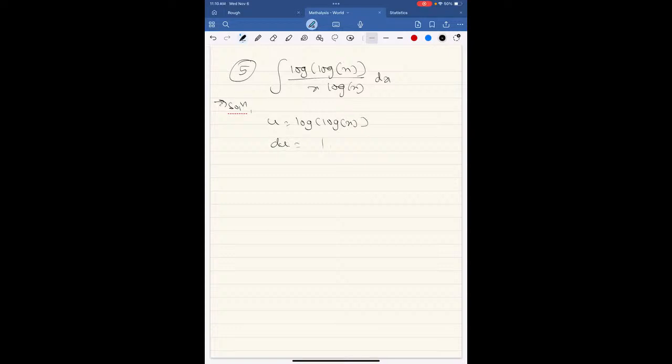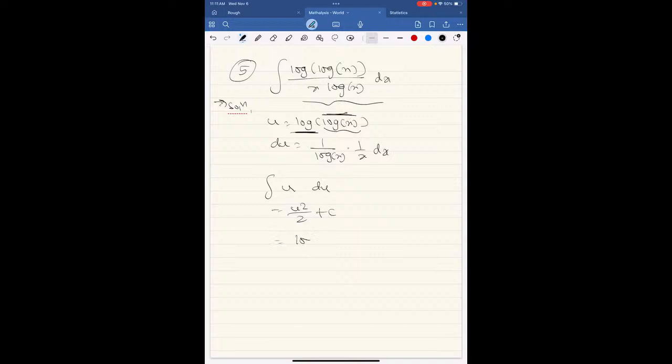So du will just be 1 by log x times 1 by x dx, right? First of all, we take derivative of this log over here, which is 1 by this entire thing. Again, the derivative of this log, which is 1 by x. Derivative of x is just 1. And since we know that this is all du, so now we can say that this is u times du, which is u square by 2 plus c.